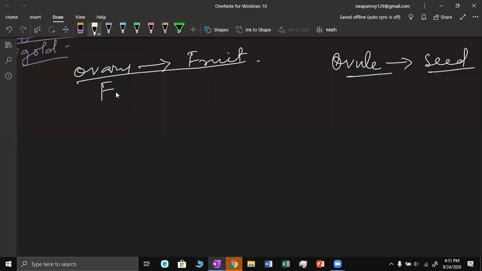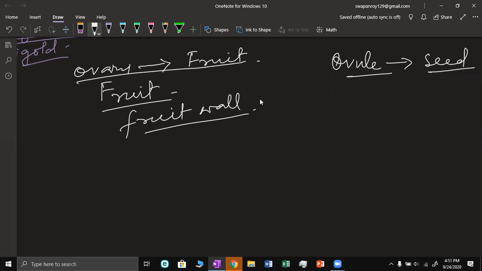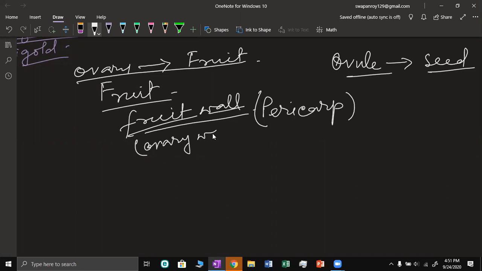Okay, each fruit has a fruit wall. This fruit wall is known as pericarp. Fruit wall is made of what? Fruit wall is made of ovary wall. Ovary wall forms the fruit wall.